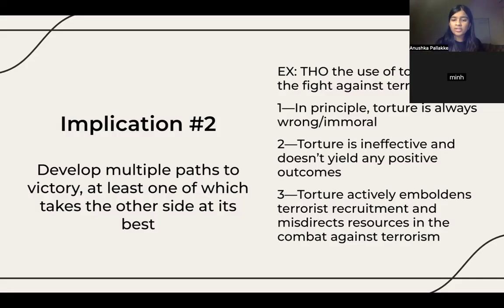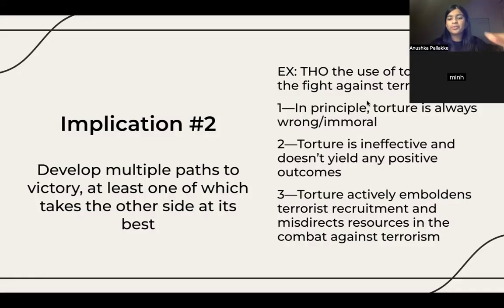And then finally, you want to say, okay, judge, even if we take my opponents at their best world where they're using torture to fight against terrorism, torture actively emboldens terrorist recruitment and misdirects resources in the combat against terrorism. So you're saying that even if you take my opponents at their best world where they actually are using torture in the fight against terrorism, it's going to cause more terrorist recruitment and it's also going to misdirect resources.